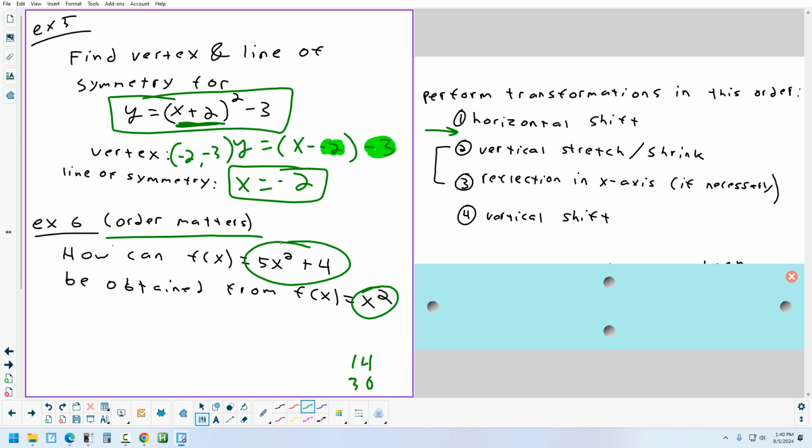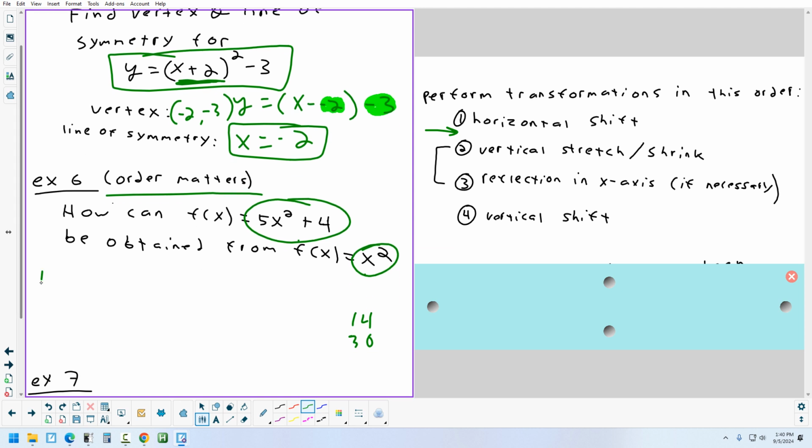Yeah, what? 4. Okay. You tell me, what are the 4 numbers that are involved that would change this into that? Oh, wait, no, it would just be 2, right? Yeah, it would just be 2. There's only 2 numbers there, so there's only 2 things that are happening. 2 out of the 4. Which one do you think we start with? The 5 or the 4? 5. Yep, we're going to start with the 5.